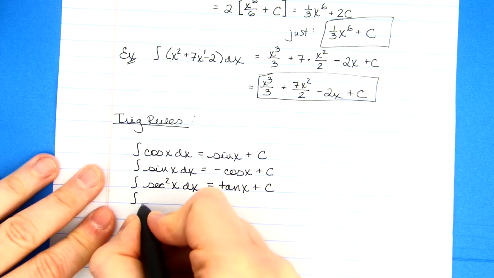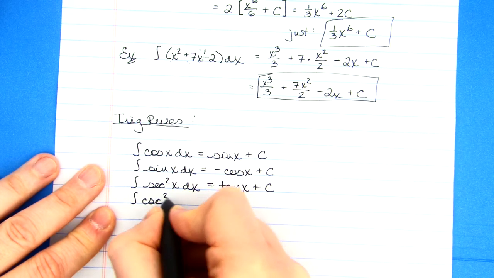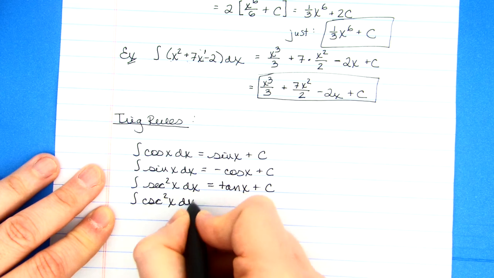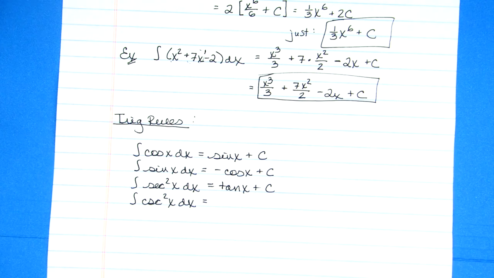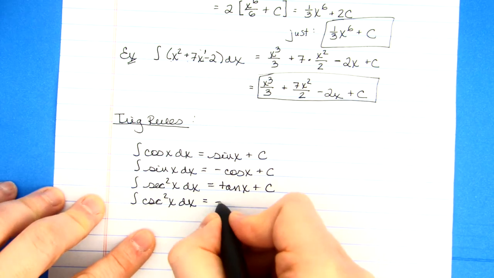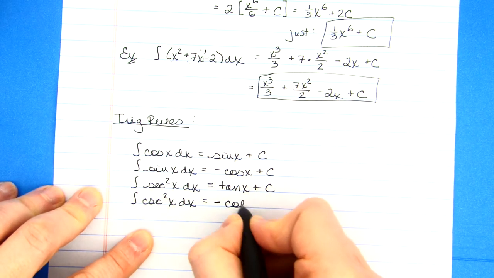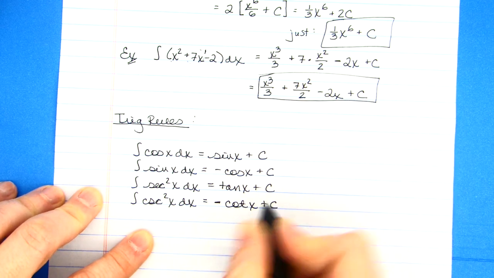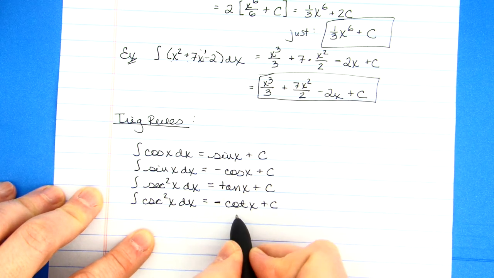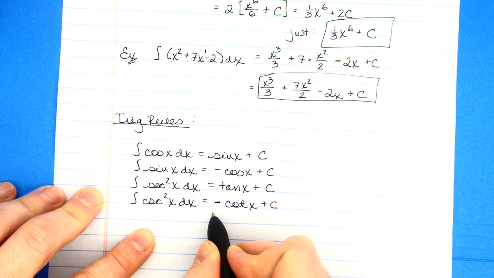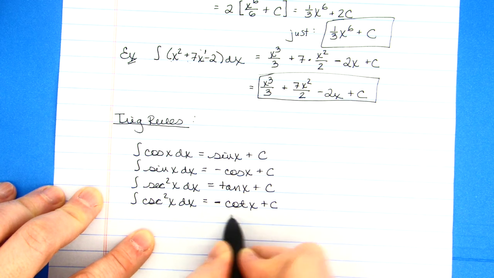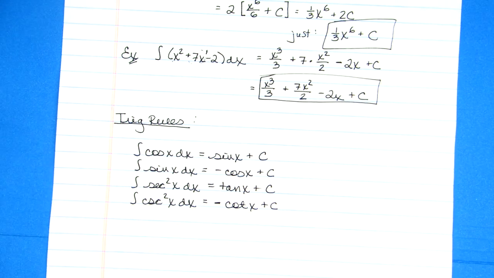Going along with that, the integral of the cosecant squared of x dx is what? Well, I know it's going to have to be negative cotangent x plus c, because the derivative of cotangent x is negative cosecant squared x, so negative cosecant squared x will give me cosecant squared x dx.